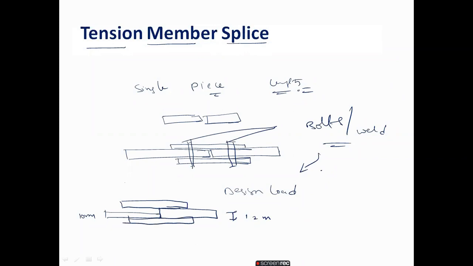For this purpose we provide filler plates to bring them to the same level. That is why we call them filler plates. And again we connect the splices like this, whether bolted or welded.